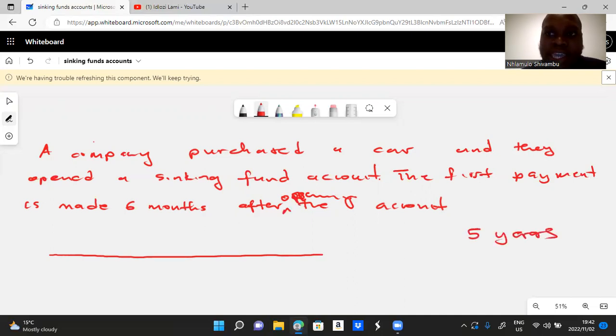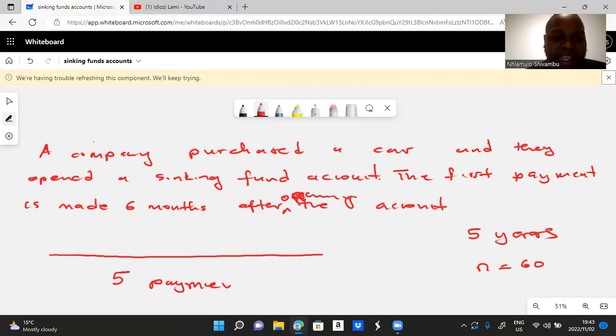If they do not skip payments, the number of payments would be 60, which is 5 times 12. But because these people skipped or delayed their payments, you need to subtract the number of delayed payments there, right? So if they skipped 6 months, how many payments did they delay? Here it means that these people delayed 5 payments.